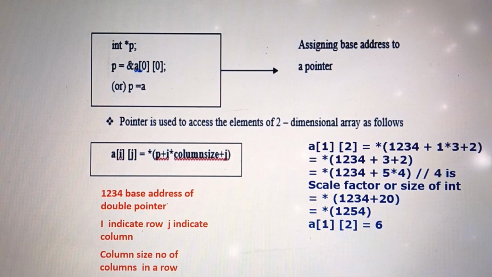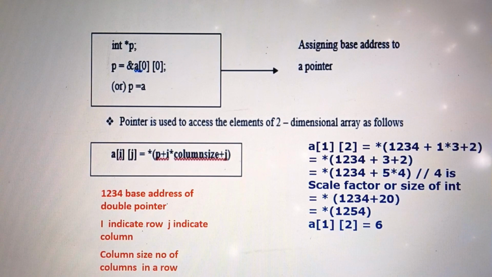Did you get the idea how to derive this expression, how to execute this expression? That is base address plus the row number, that is first row, times the number of columns in each row, plus the column of that particular row, that is 2.